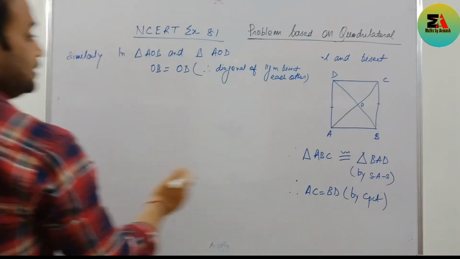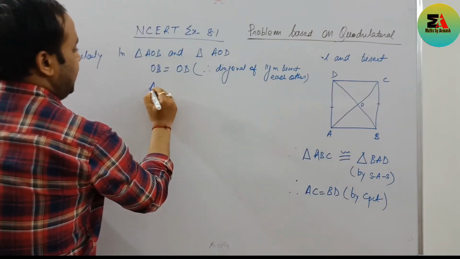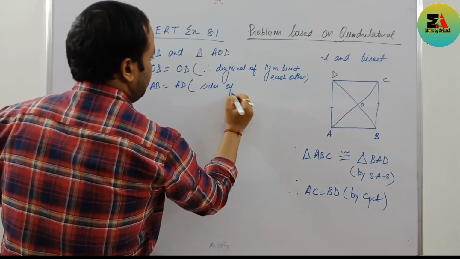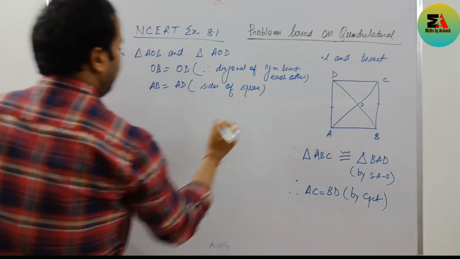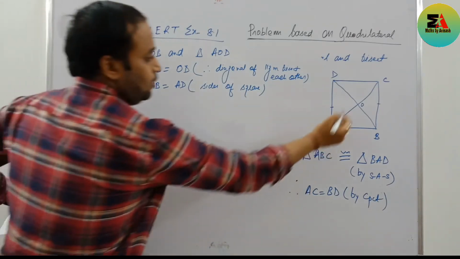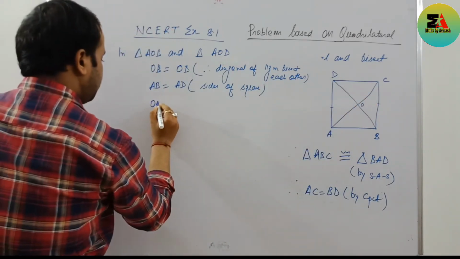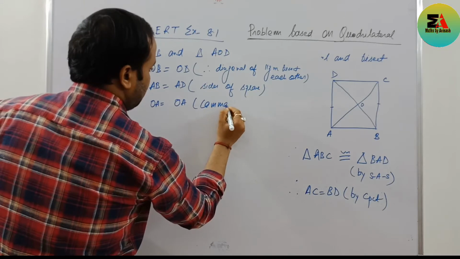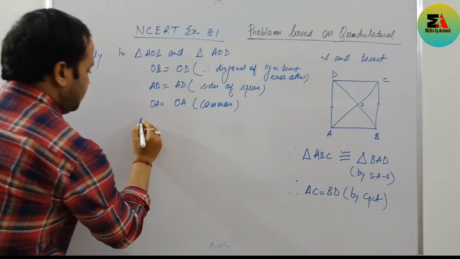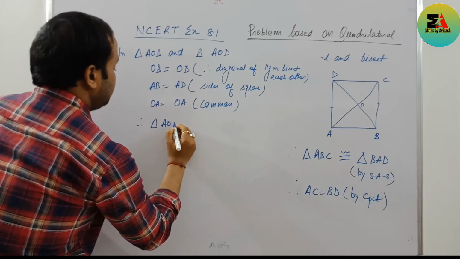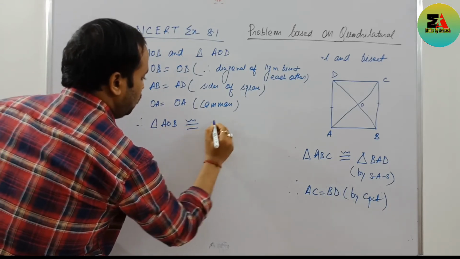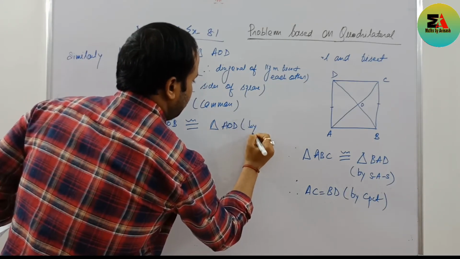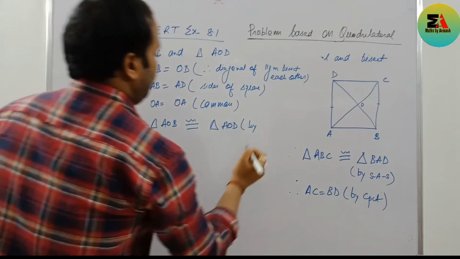Clear? And side AB equals AD, sides of a square. And OA equals OA, common. Therefore triangle AOB is congruent to triangle AOD by SSS congruency.